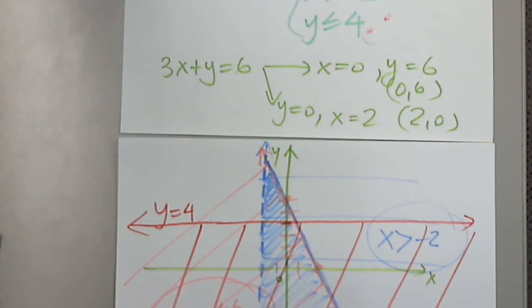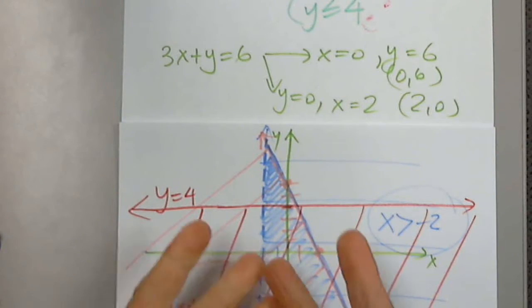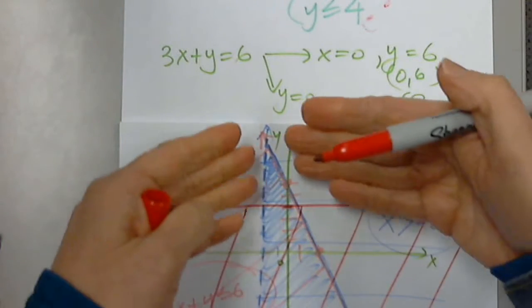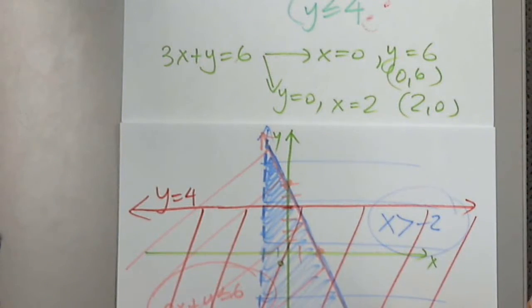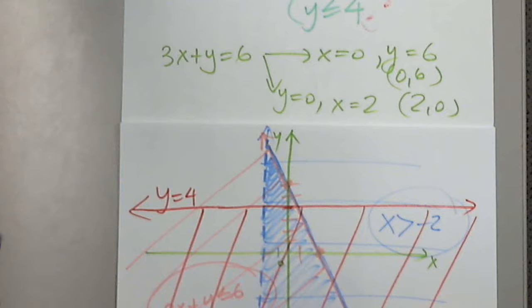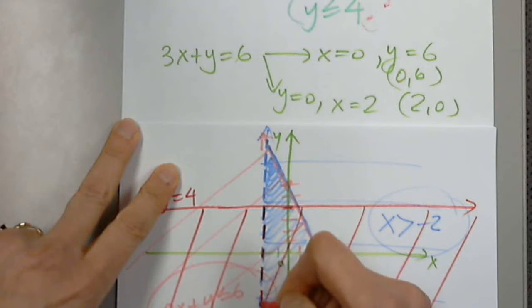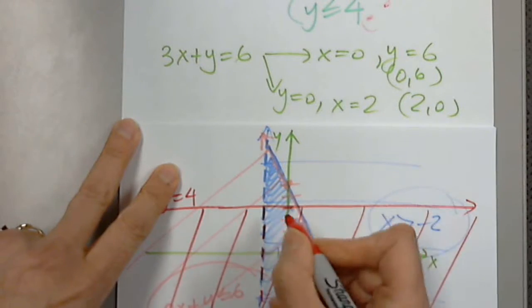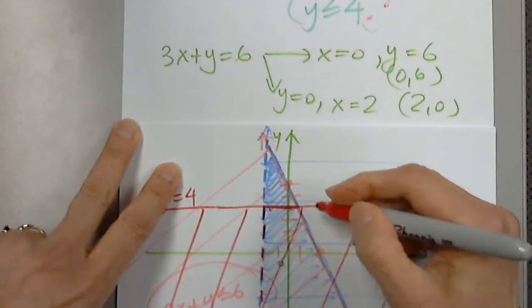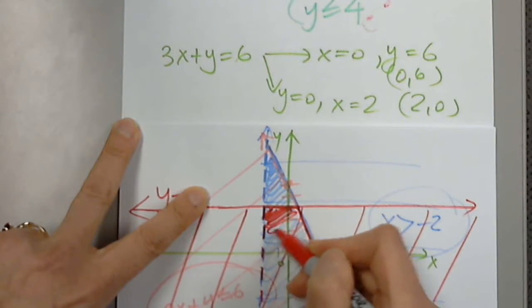So y less than or equal to 4. Now I have to intersect the red region with this kind of a triangle. It is in no way by any means a triangle, but you know what I mean, right? So do they overlap? Yes. So not points on this line, points on this line, points on this line, and everything in between.